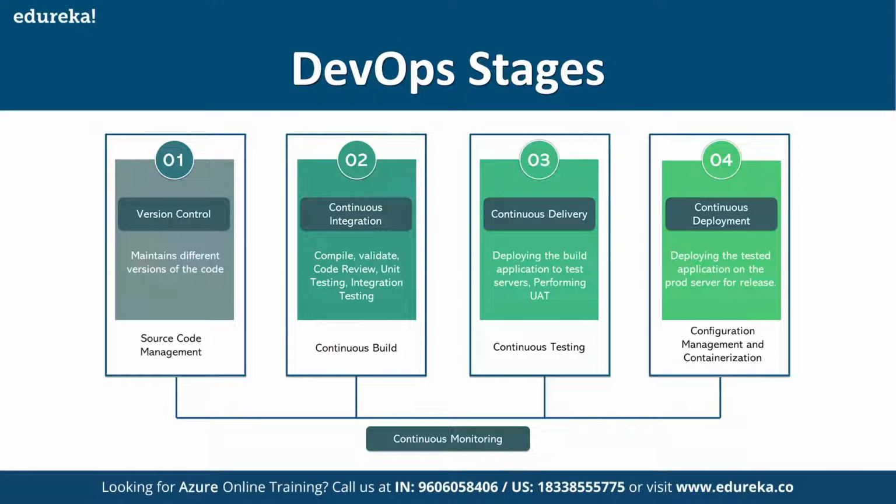So first we have version control, which is source code. Second, continuous build. Then testing is in your delivery, and in your continuous deployment you have configuration management and then containerization. Once the release has been done, it's only about management, containerization, and configurations.